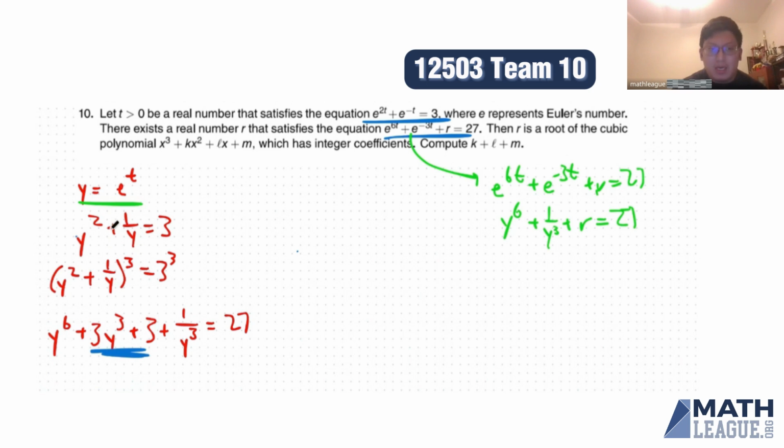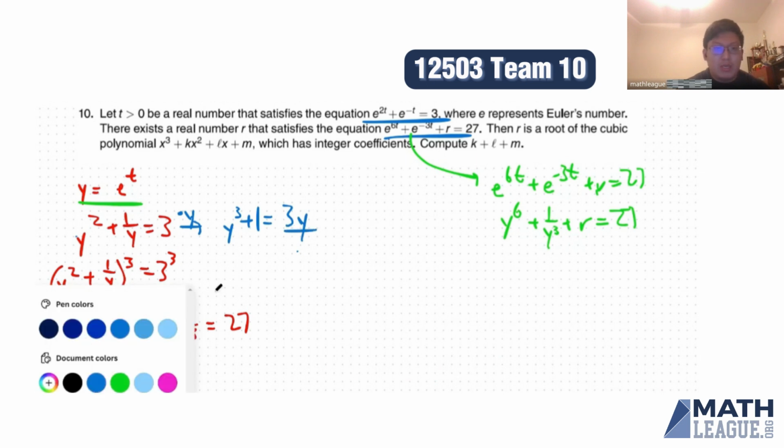Well, we can also multiply the equation y squared plus 1 over y equals 3 by y. When we do that, we get y cubed plus 1 is going to be equal to 3y. So we can substitute 3y in for y cubed plus 1.